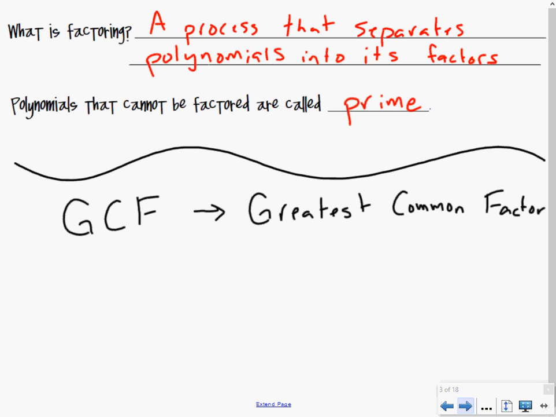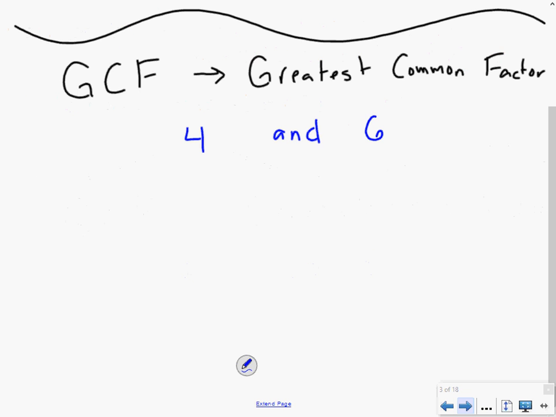So let me give you an example. If I wanted to find the GCF between 4 and, let's say, 6, what we need to do is find which factors these have in common. And if there are multiple factors they have in common, the GCF is the greatest of those common factors.